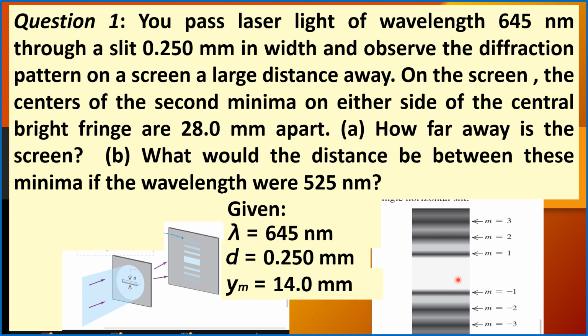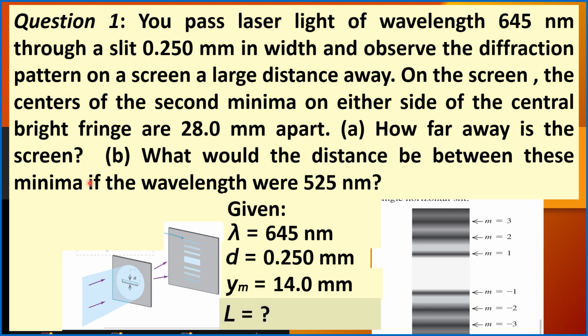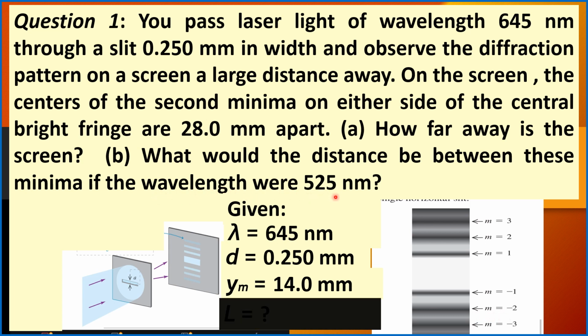So what we are looking for in letter A, how far away is the screen? We label that as capital L. Likewise, in letter B, we are interested in knowing the distance between the two minima, the second minima, from the positive m equals 2 to the negative m equals -2, but given that the wavelength is 525 nanometers.